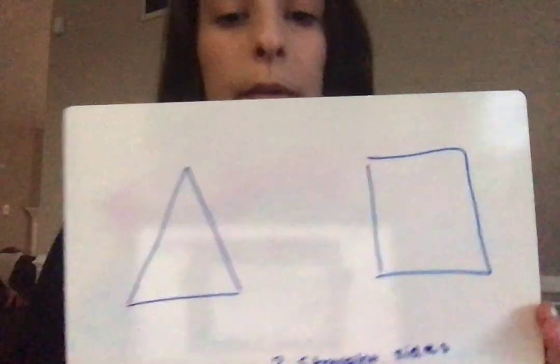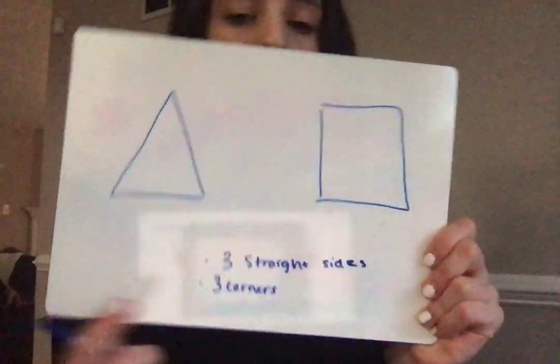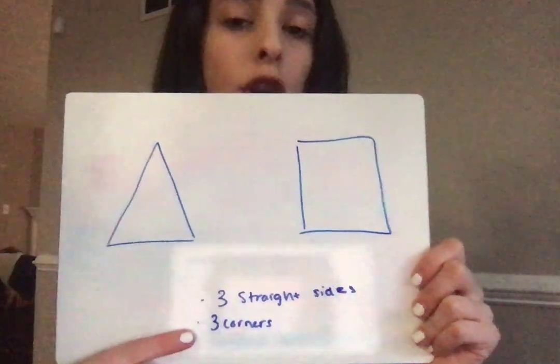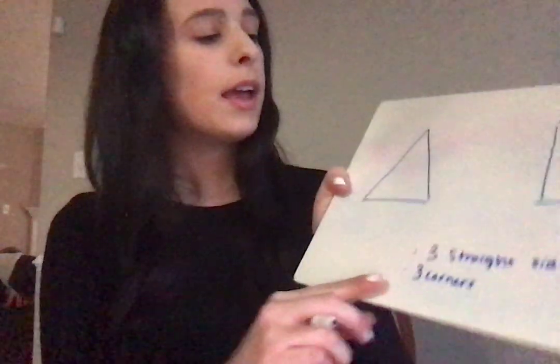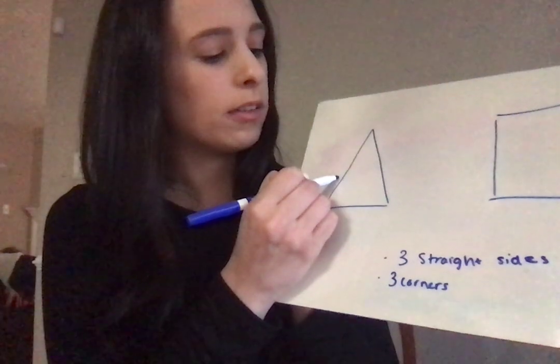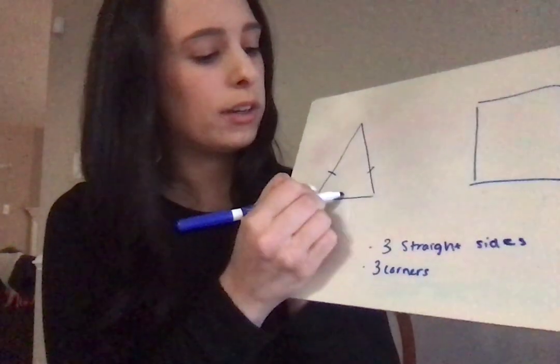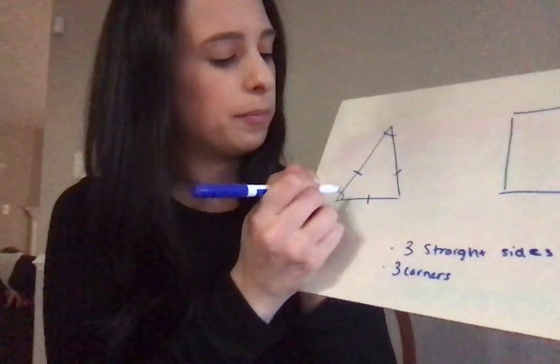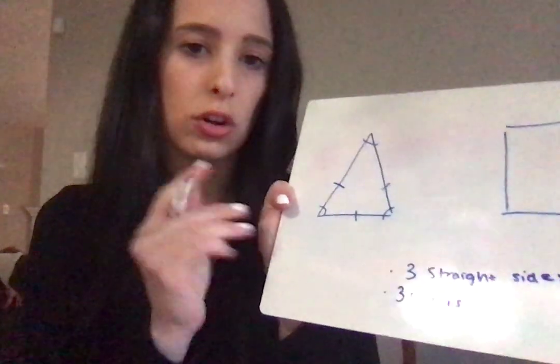So I have two shapes on my board. And I wrote at the bottom, 3 straight sides and 3 corners. So I'm going to look at my shapes and I'm going to draw little ticks like this. Well, that's one on each side. And then I'm going to draw my little, kind of like a half circle to show my corners. I'm going to do that for both.